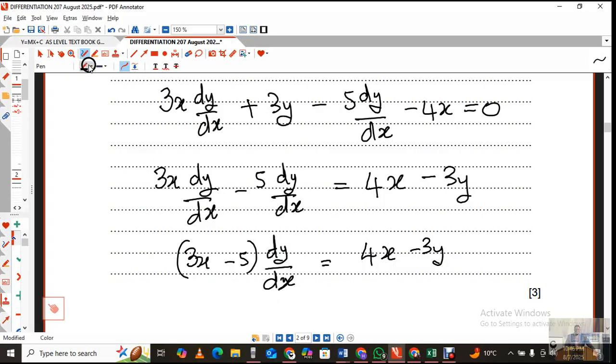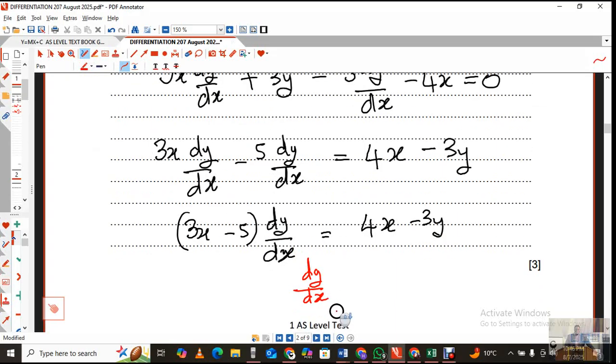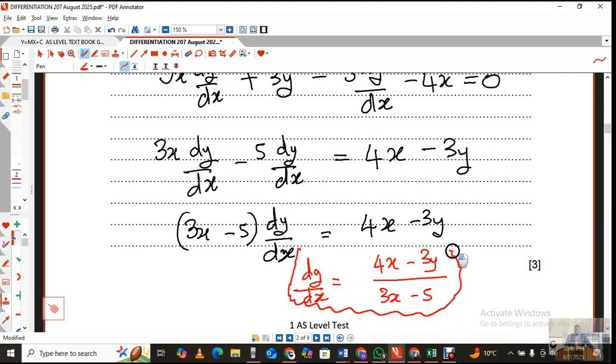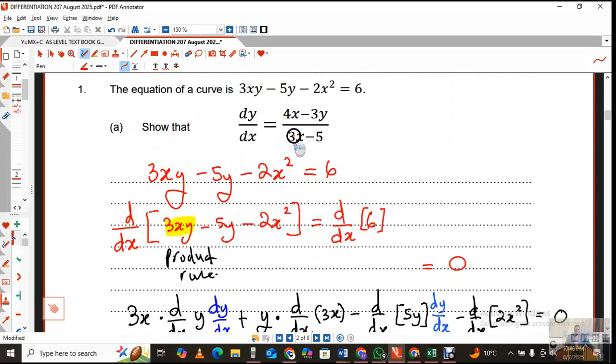Then eventually we should arrive at dy/dx is equal to, dividing throughout, 4x minus 3y all over 3x minus 5. So this was pretty much something that you were supposed to prove because it was already given. 4x minus 3y upon 3x minus 5. So just go back there and you will see that is definitely what we needed to do in that question.